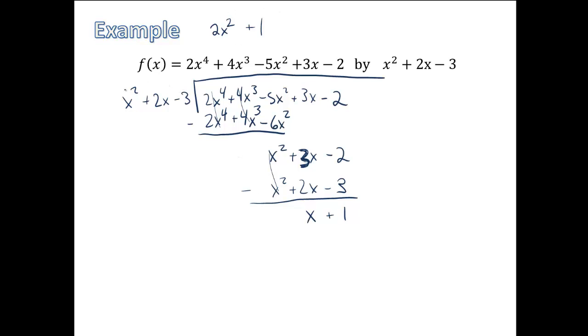So we have our quotient, our divisor, our dividend, and our remainder. So two ways of writing it.